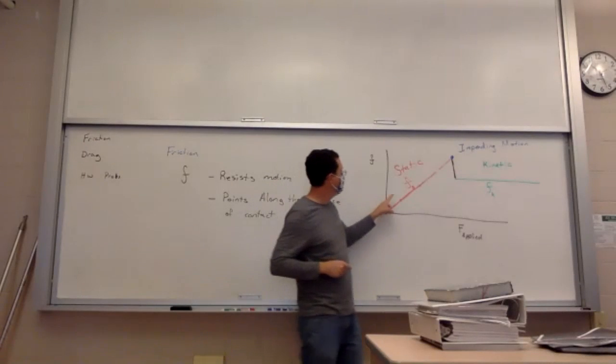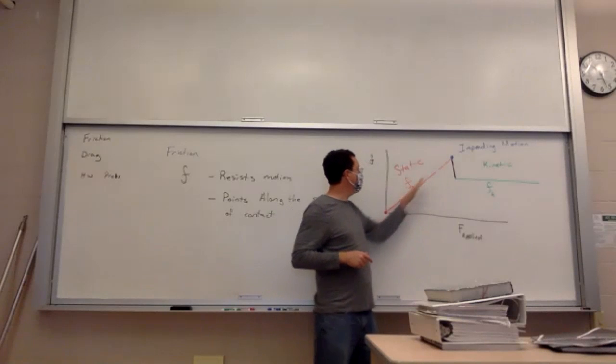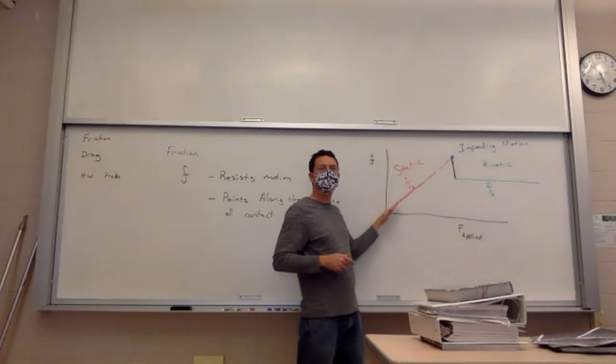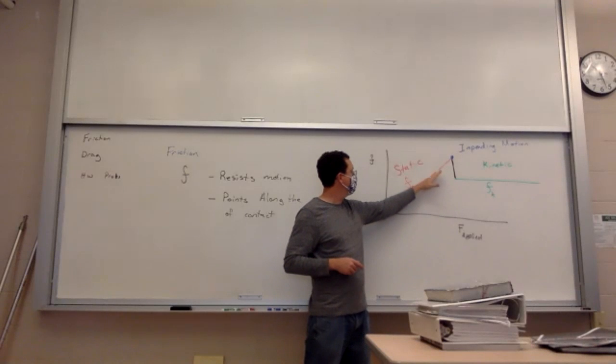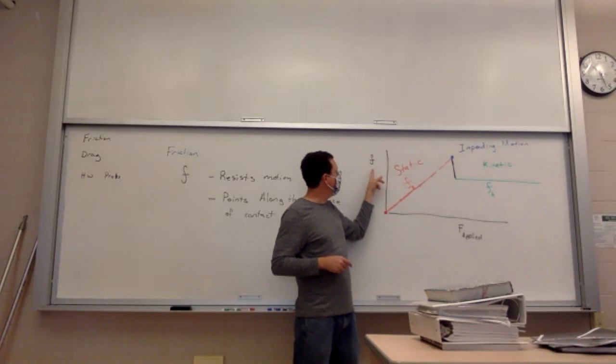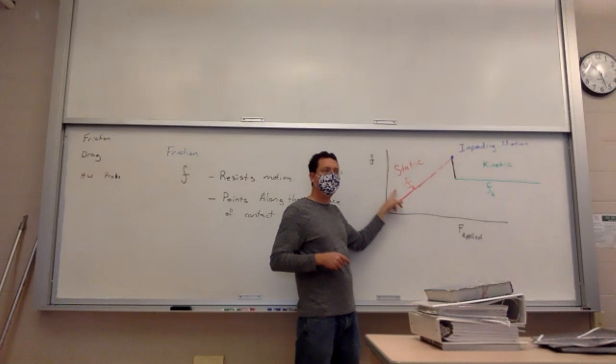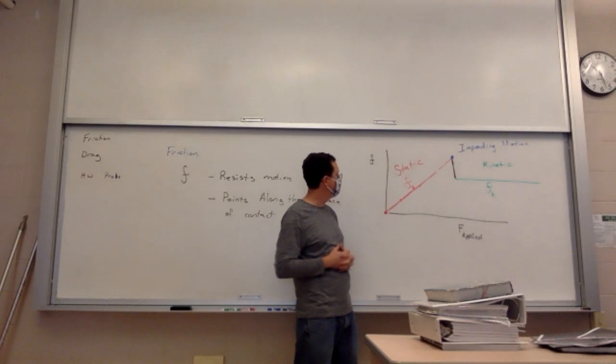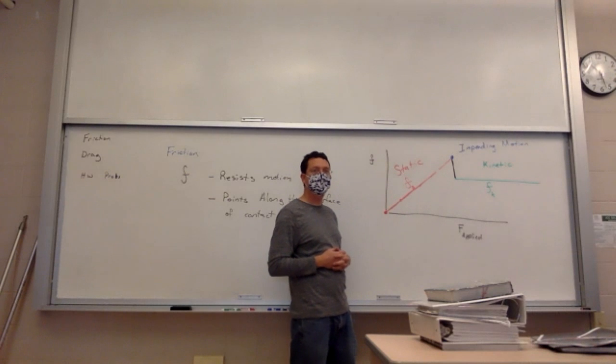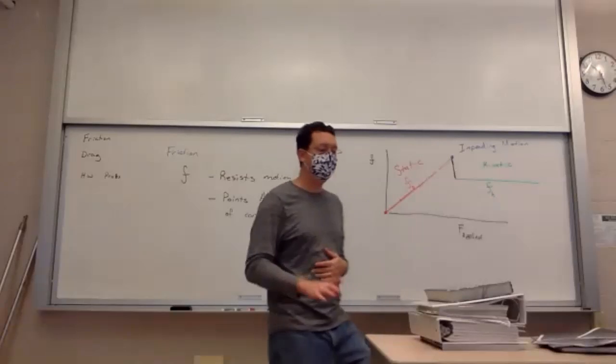Here, in this red region, what do I know about the friction force when it's static? Friction force has to equal what? It's not moving. So if I push a little bit, that's it.